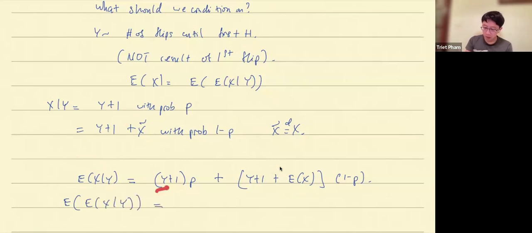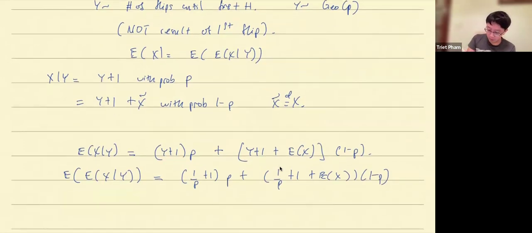But what is expectation of y? Y is the number of flips until the first head. Therefore, y is a geometric p random variable. Therefore, you got 1 over p plus 1 times p plus 1 over p plus 1 plus E of x times 1 minus p.